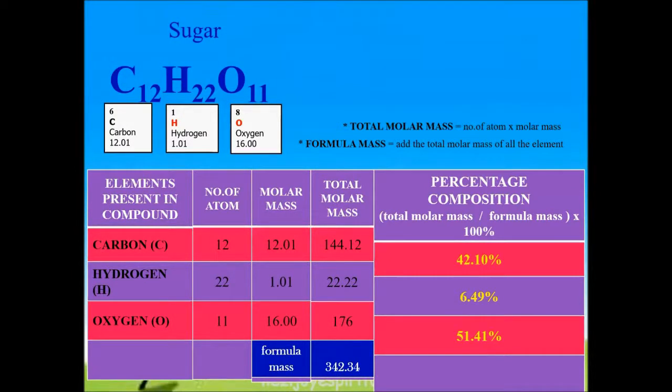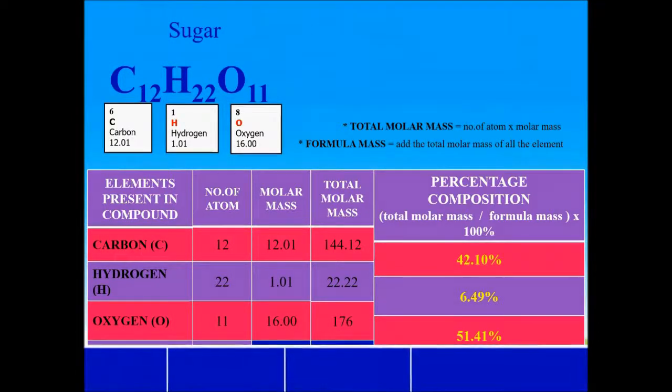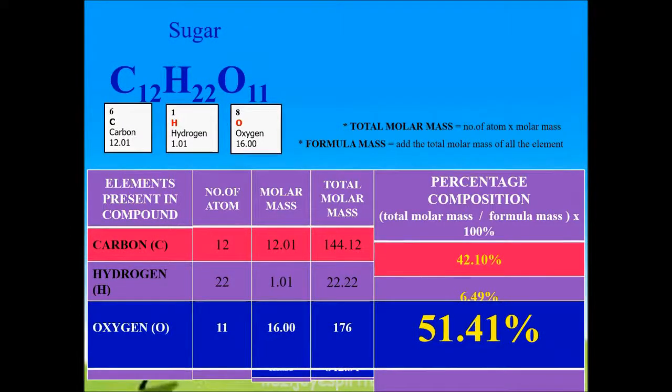So we have carbon 42.10%, hydrogen 6.49%, and oxygen 51.41%. Remember that the highest percentage represents the greatest amount present in the compound, which means that oxygen is present in greater amount compared to hydrogen and carbon.